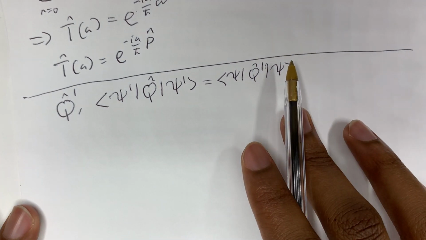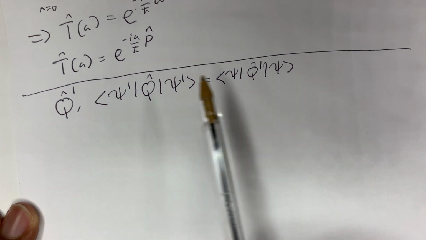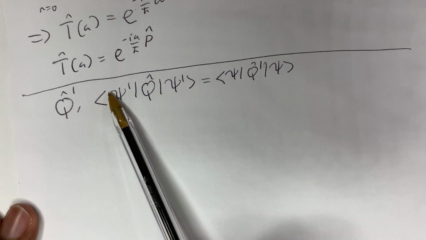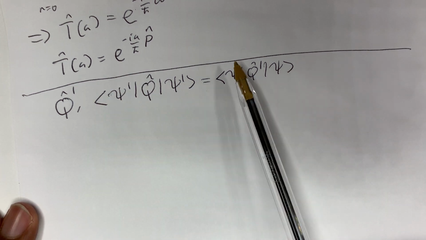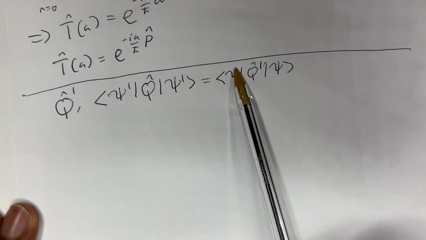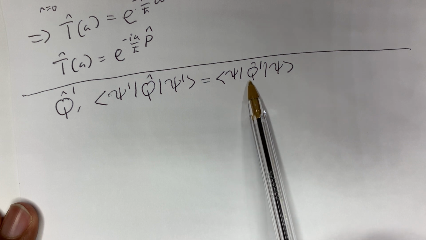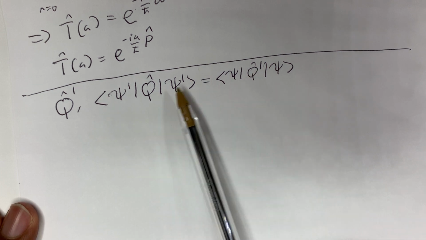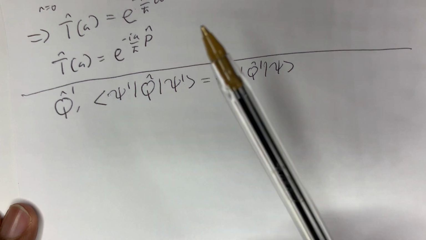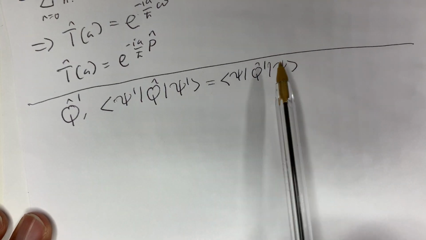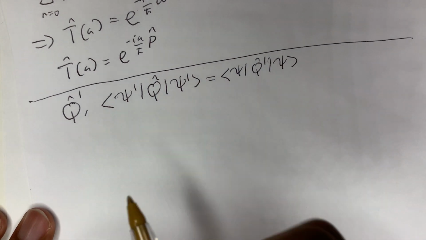So what do I mean by this? I'm saying that we define the translated operator as taking the inner product of translated wave functions, and that equals the inner product of the original wave functions, but with q hat changed by some amount to make these equal. The changed value is said to be the translated version of q hat by definition. And from this, we can actually derive the formula for the translated version of q hat.